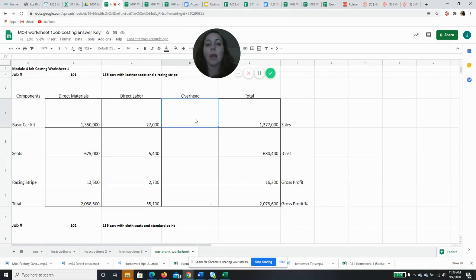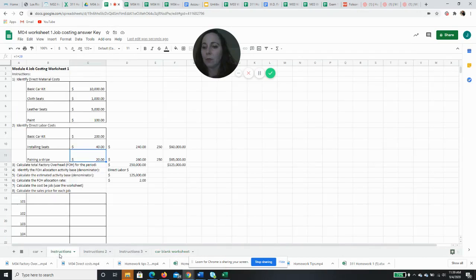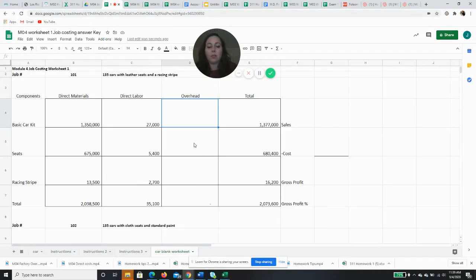All right, now we're going to apply our overhead. And we said that we are going to apply overhead at a rate of $2 for every $1 of direct labor. So all I have to do is say for the basic car kit, I'm going to have $27,000 of direct labor times 2, because that's my factory overhead allocation rate.